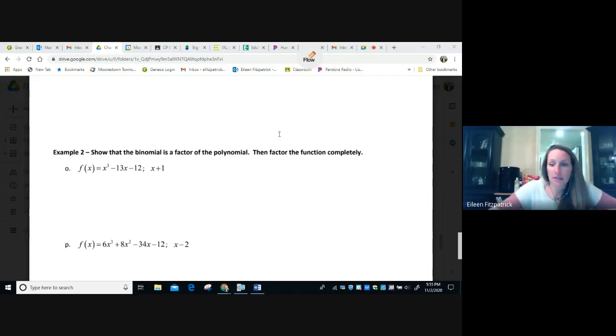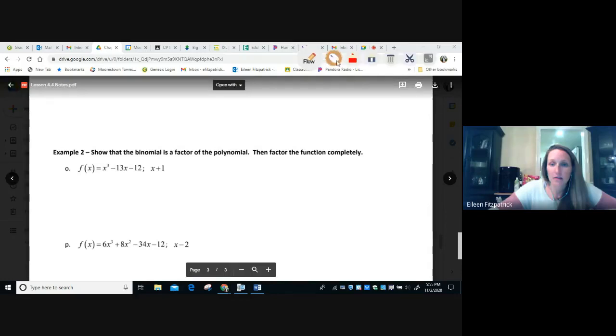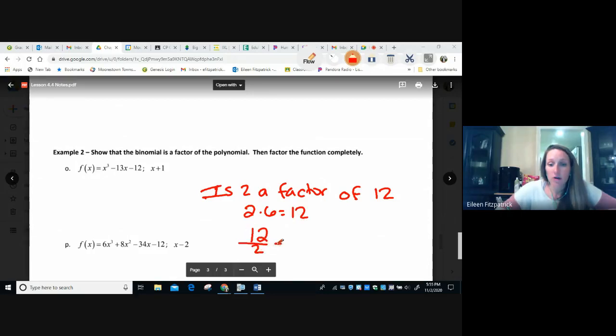For example, is 2 a factor of 12? Yes, because 2 times 6 equals 12, and if you divide 12 by 2, you get 6 with a remainder of 0. There is no remainder.